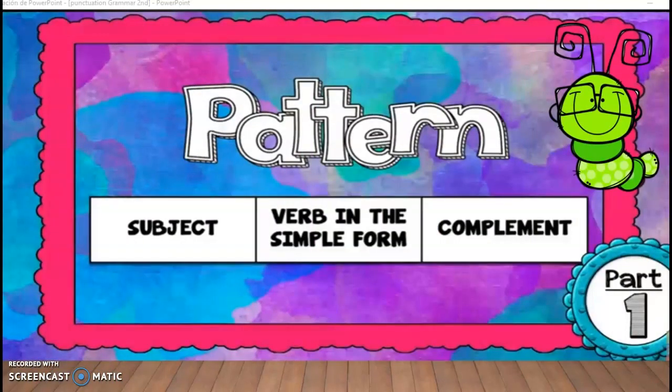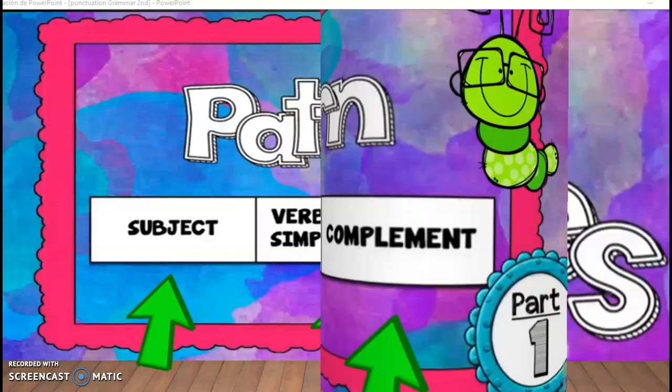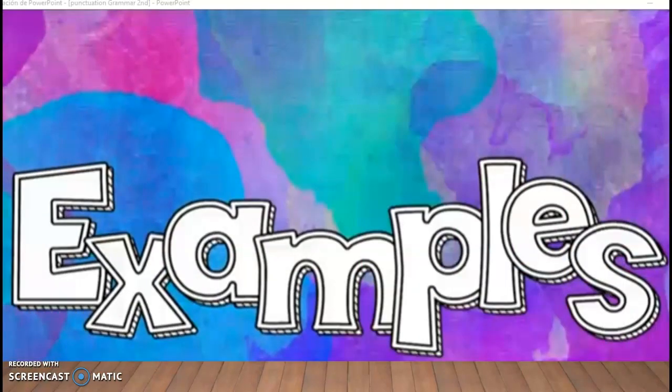Here we have the pattern that we need to follow to make sentences. Subject plus verb in the simple form plus the complement. Here we have some examples.